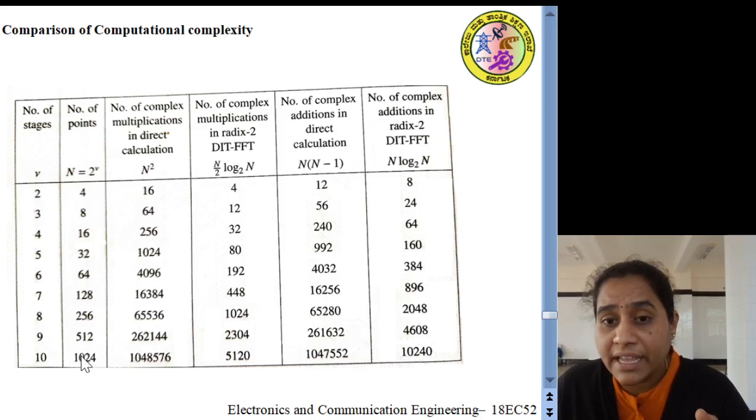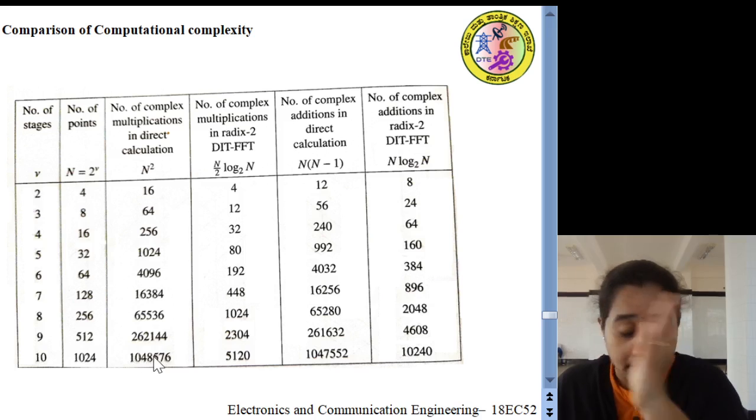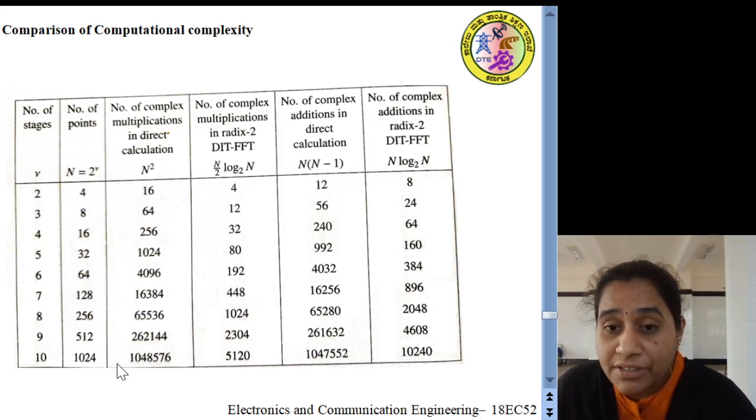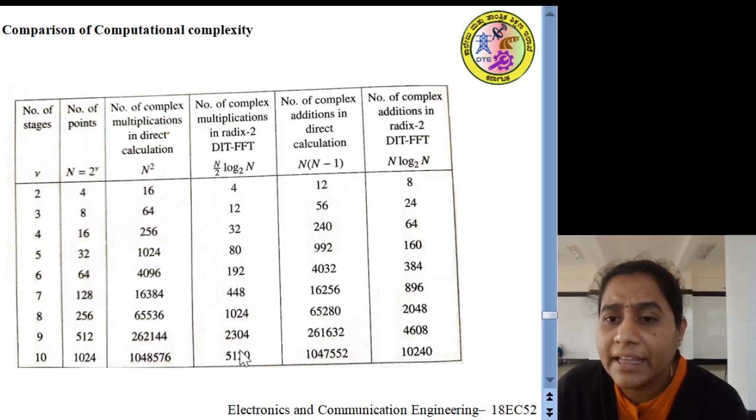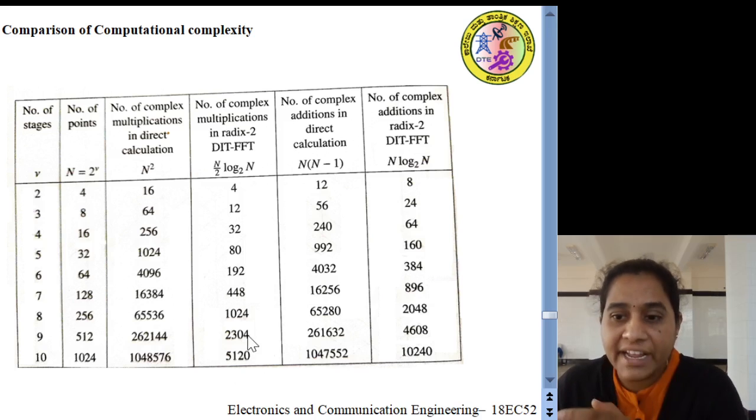If we consider a 1024-point DFT, there are about 1 million complex multiplications in direct computation, but just 5120 in DIT FFT.